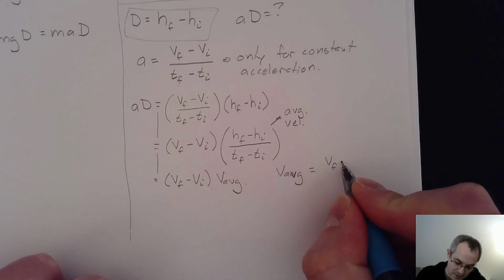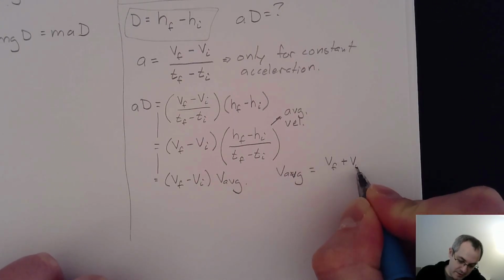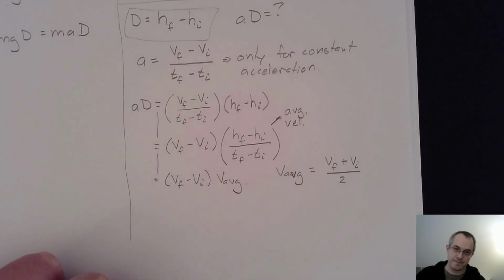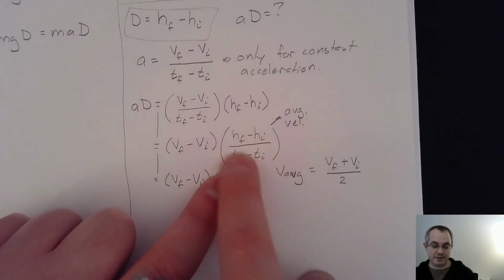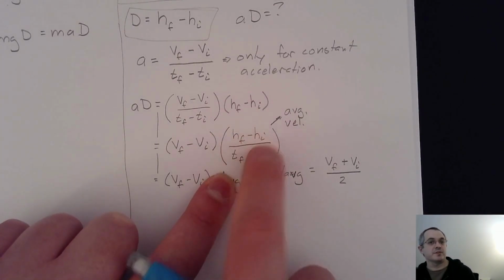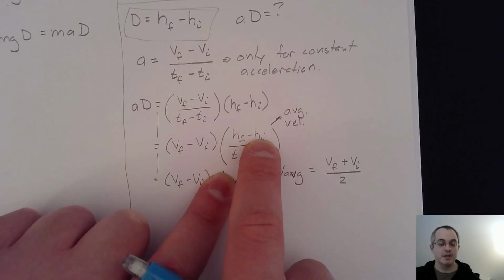That's kind of how you would average something. Then the average velocity is just equal to this.